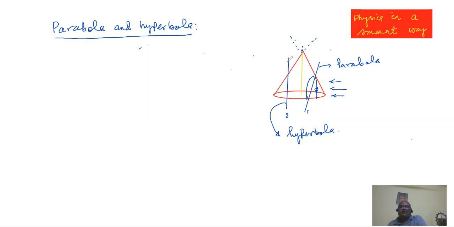Then if this cutting plane is cutting the first cone, then if it is extended, that also will be cutting the second cone. So a set of curves or a pair of curves will appear. Okay, if we remove this portion and try to look at from this way, they will be looking similar.